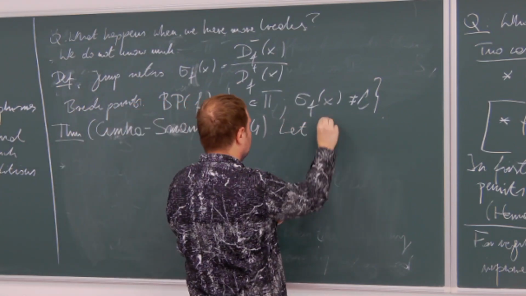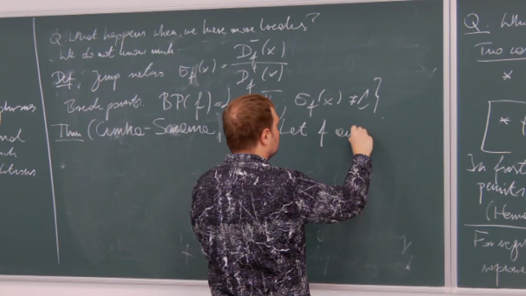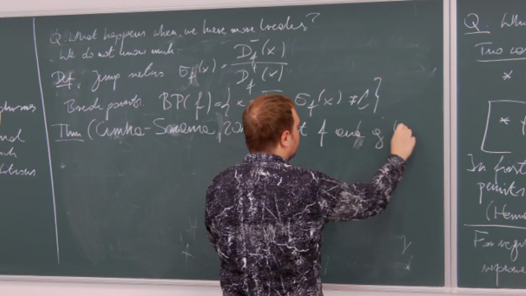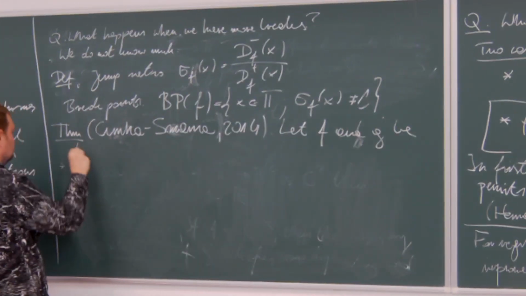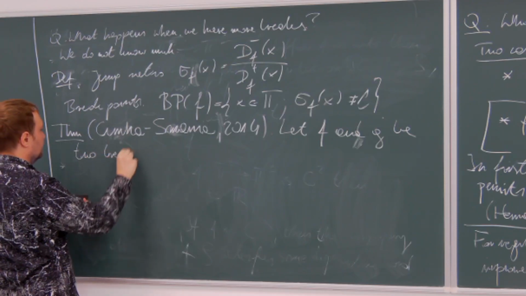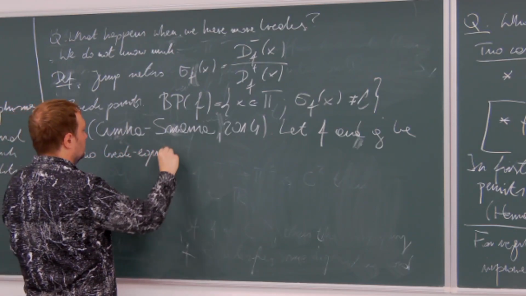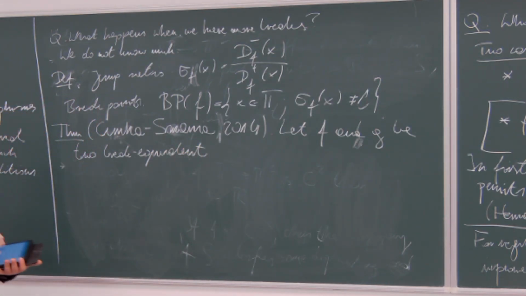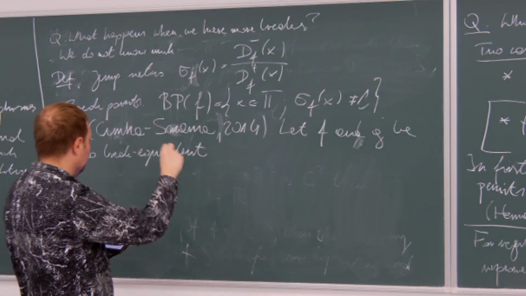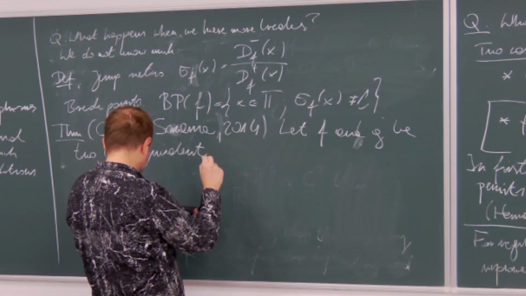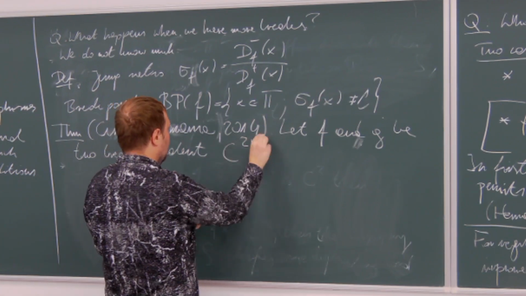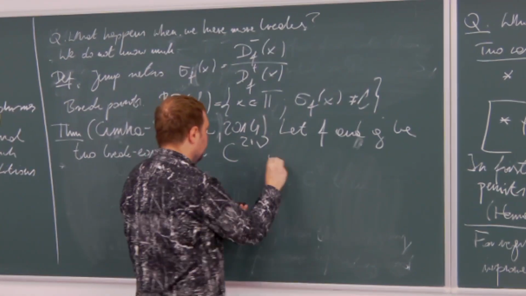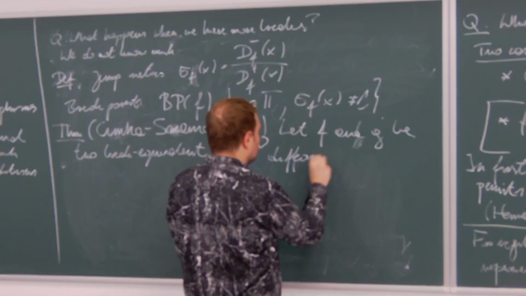So let f and g be two break equivalent, I will say in a moment what it means, but you can already imagine it simply means that breaks are sent into breaks, and the jump ratio of the image and pre-image is the same. So the two break equivalent C2 plus Hölder diffeomorphisms with breaks.